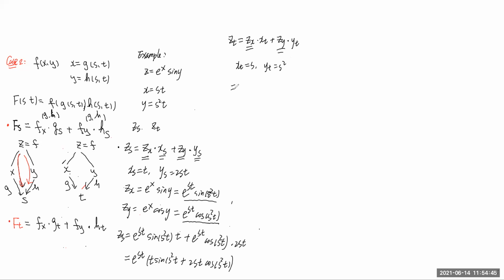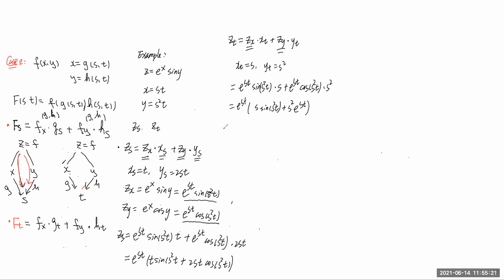You plug in this: z_x is e^(st) sin(s squared t) times x_t, which is s, plus z_y is e^(st) cos(s squared t) times y_t, which is s squared. So we write e^(st) s sin(s squared t) plus s squared e^(st) cos(s squared t).